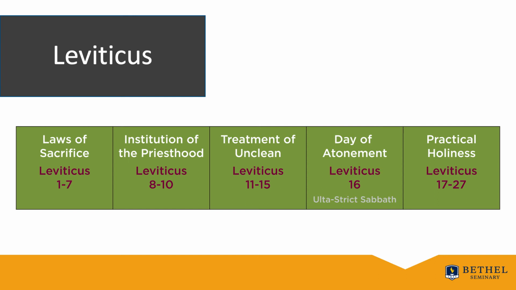Leviticus 16 is the center of the book, giving instructions about the Day of Atonement. Apart from ritual holiness, the final section incorporates moral holiness. Leviticus chapters 17 to 27 express how the Israelites reflect God's holiness by living out life practically.